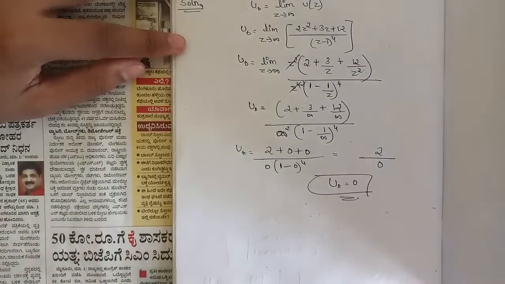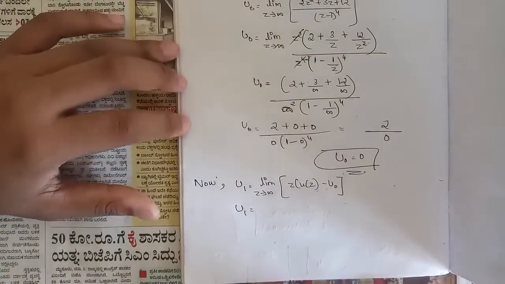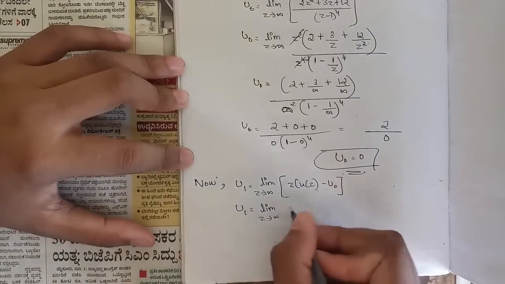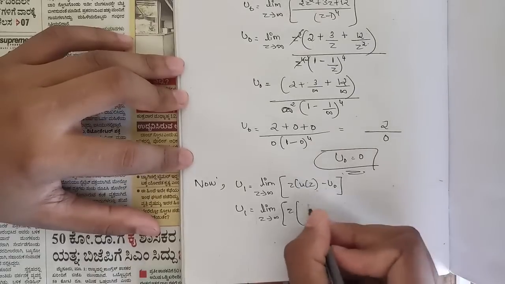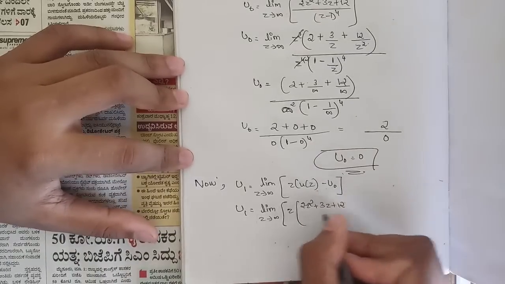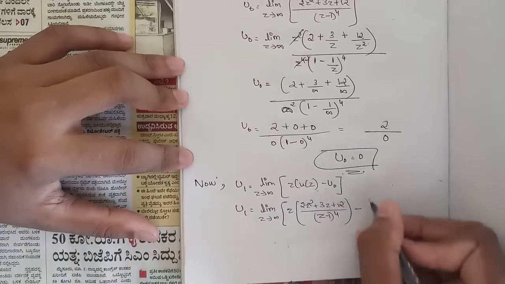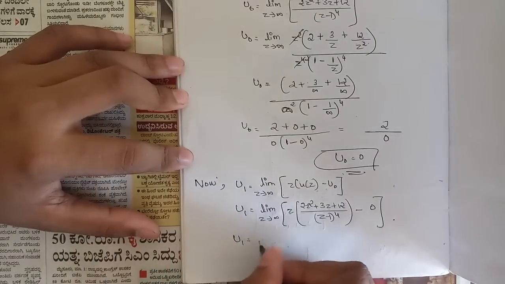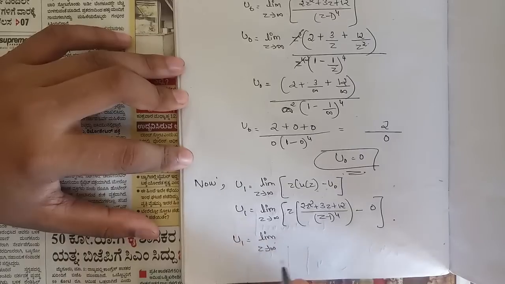So similarly now we need to find u1. So let's find u1. Z into u of z. So the required u of z is z minus 1 to the power 4 minus u naught, that is 0, z tending to infinity.